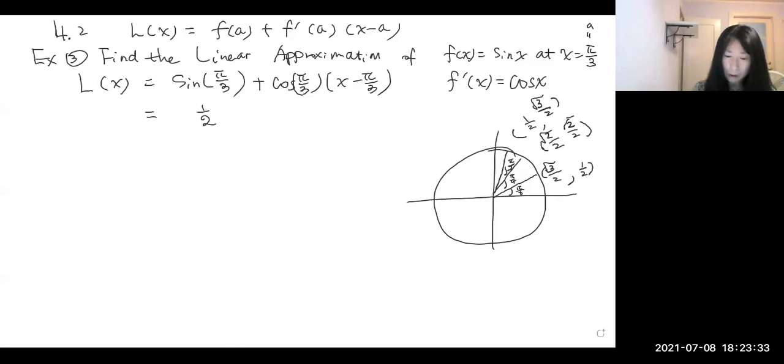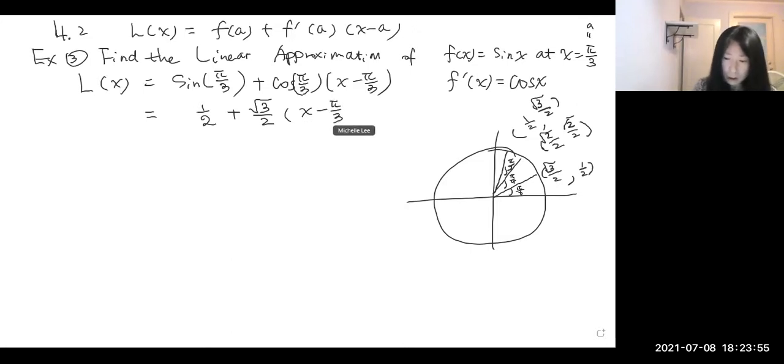All right, so cosine pi over 3, what do you get? Square root of 3 over 2. So plus square root of 3 over 2, and we get x minus pi over 3, right?